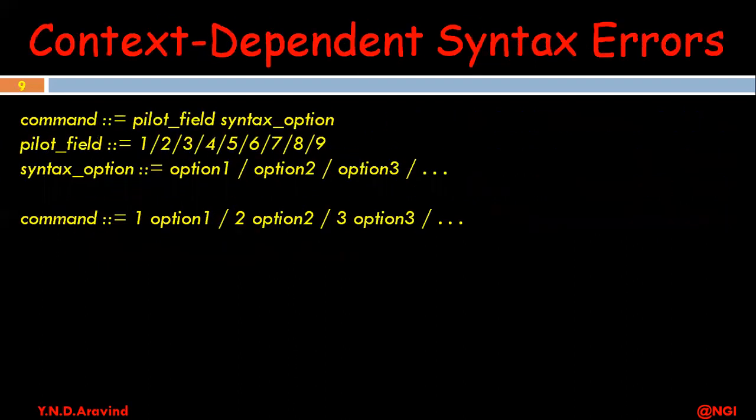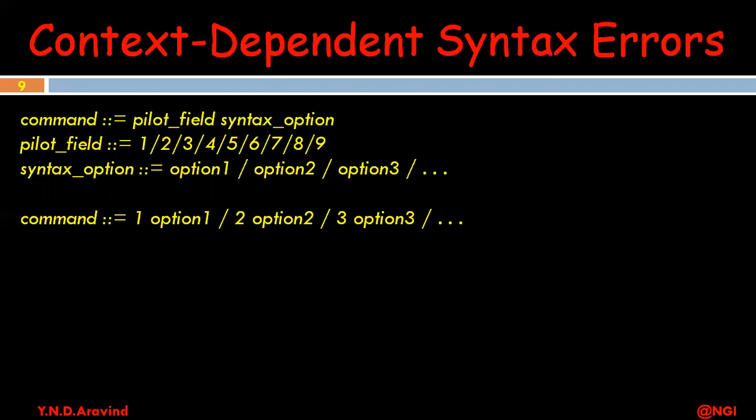And the next type of error is context dependent syntax errors. Here the components of the syntax may be interrelated and may be related by a field value or other fields. So here the first field could be a code that specifies the syntax of the subsequent field.